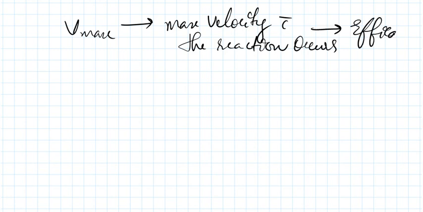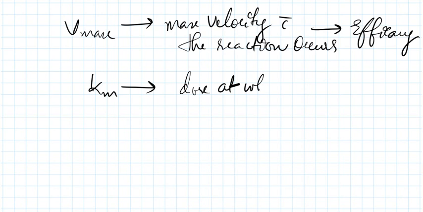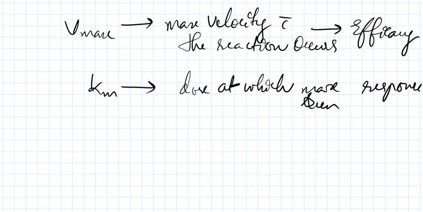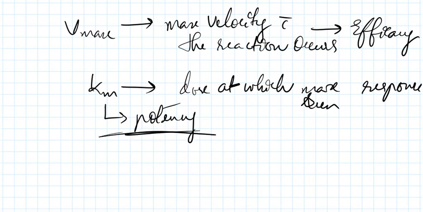You just remember it like efficacy. Now what is Km? Dose at which maximum response is seen. That is Km. So it resembles something to potency. Now I think you got the concept, right?